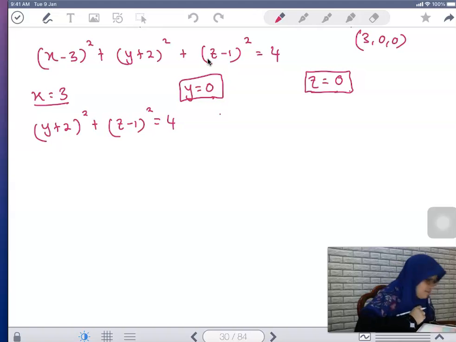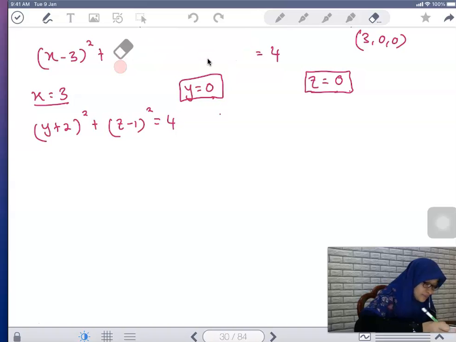Sorry, I just realized that I copied the wrong question. The original question is just this one. Sorry, I just rewrite it. So you have y squared plus z squared equal to 4.